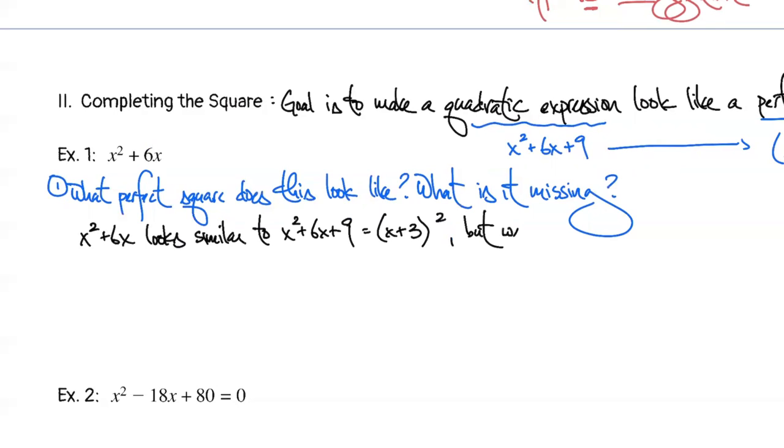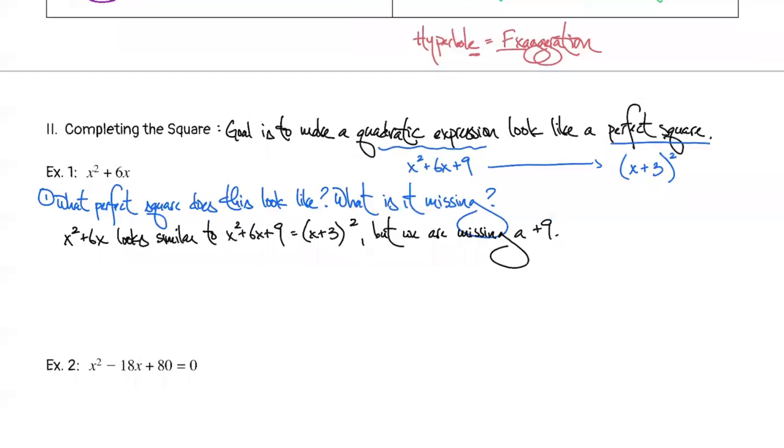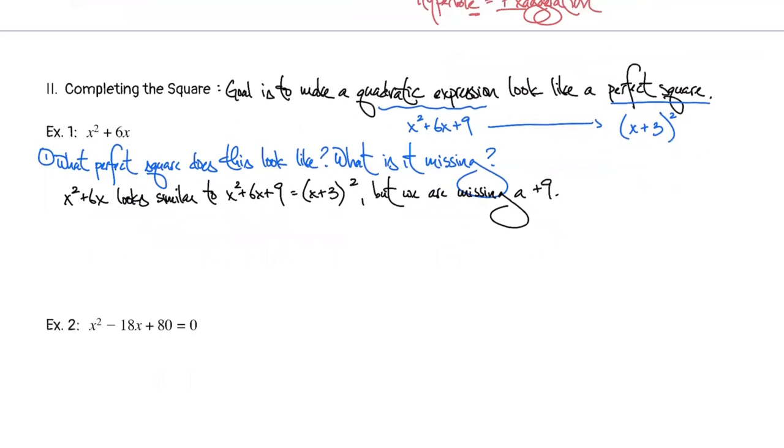But we are missing a plus 9, right? So x squared plus 6x looks very close to this, except we don't have the 9. So if I add 9 to x squared plus 6x, I would have a perfect square. But I would also change the equation. I don't want to change the equation.